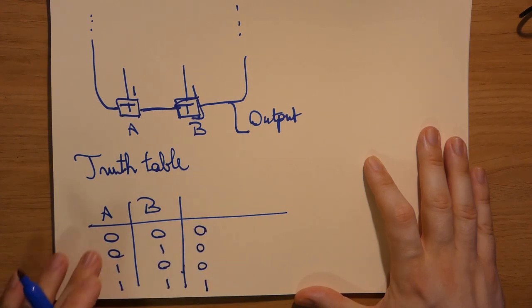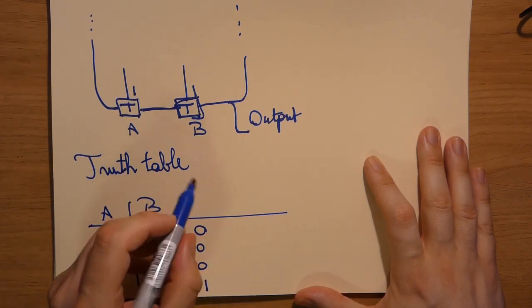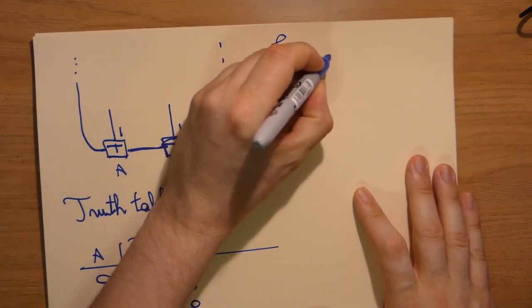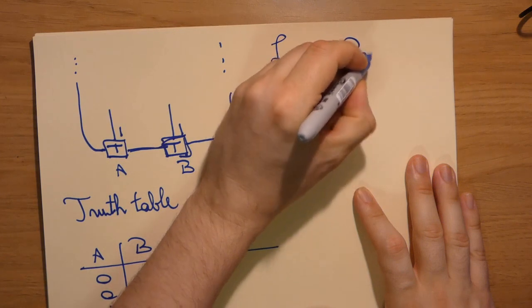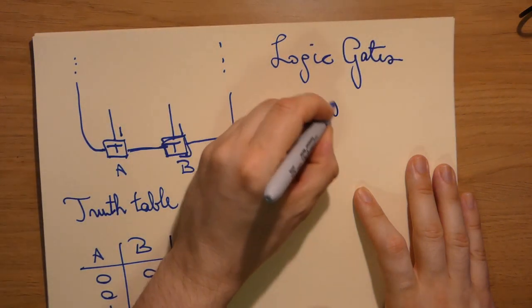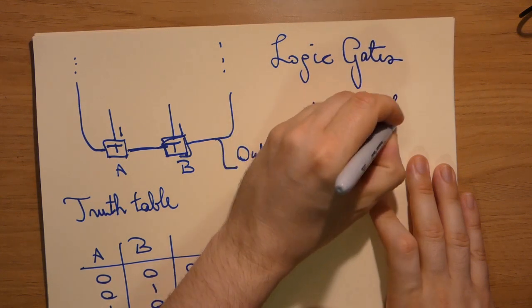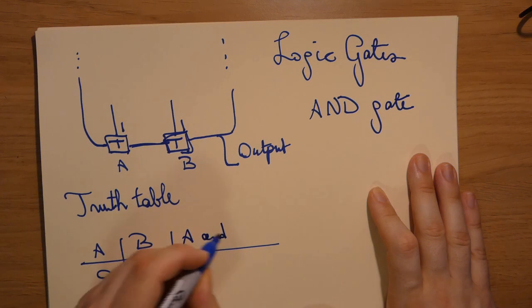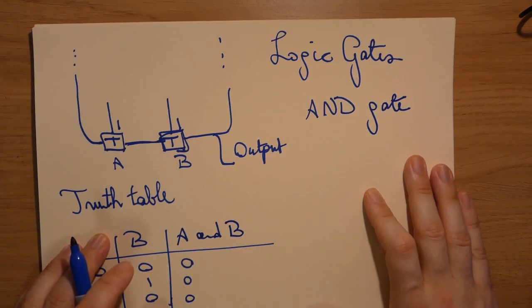In every other case, it will not be. So this is how you make logic gates. This specific one is an AND gate. And so I have A and B.